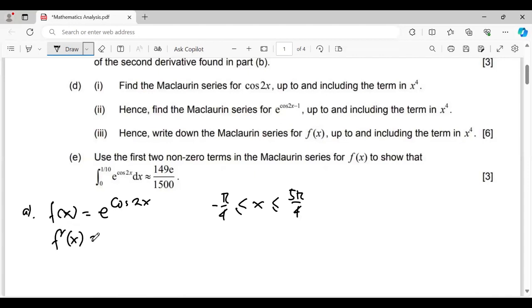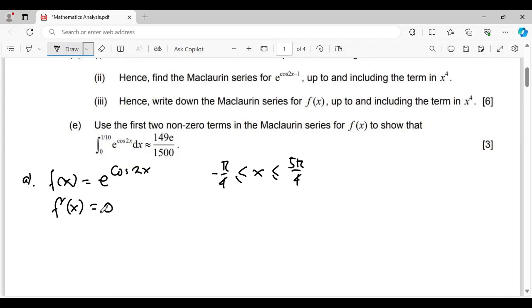The gradient equals 0 means the derivative of f(x) equals 0. So for the derivative, I'm going to use the product rule. If u equals cosine 2x, du/dx is minus 2 sine 2x.